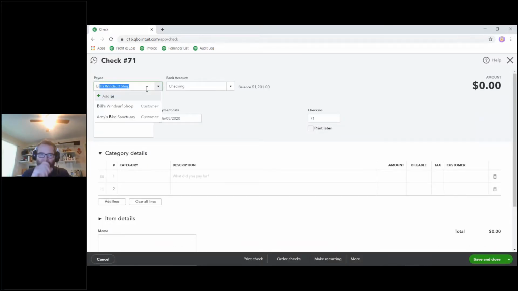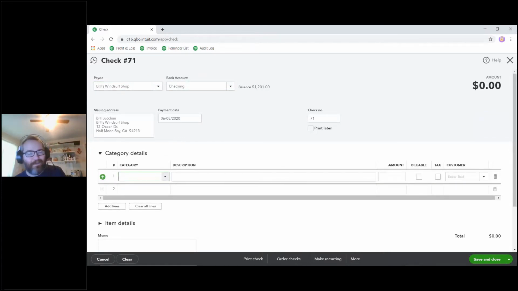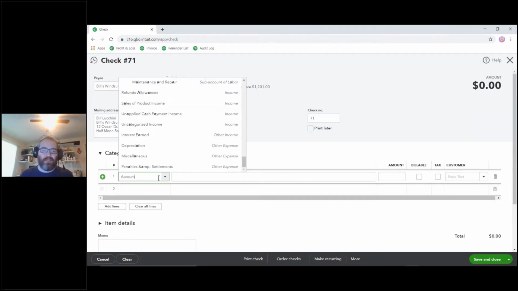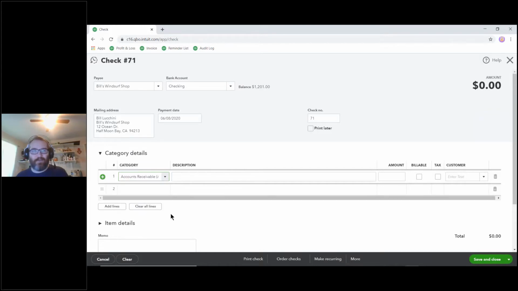We can put in their name. What do we do for the category? It's tempting to put in write-offs, right? Because that's the same account we've been using for all these others. But again, that's another trap. The account that we should actually be using is accounts receivable. It's going to sound crazy. We're going to put in the amount.